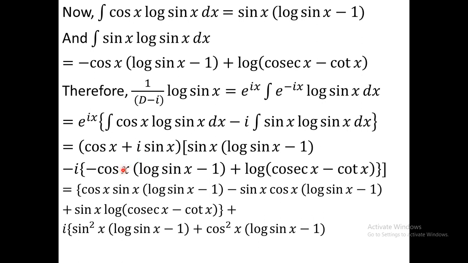And this is the imaginary part, and also there is another imaginary part, cos x into that is minus of that, that is if you take minus 1 here, this will be minus sign, and there cos x, therefore minus cos x log of cosec x minus cot x. This is the result. Okay, this is the integration 1 by D minus i of log of sin x.